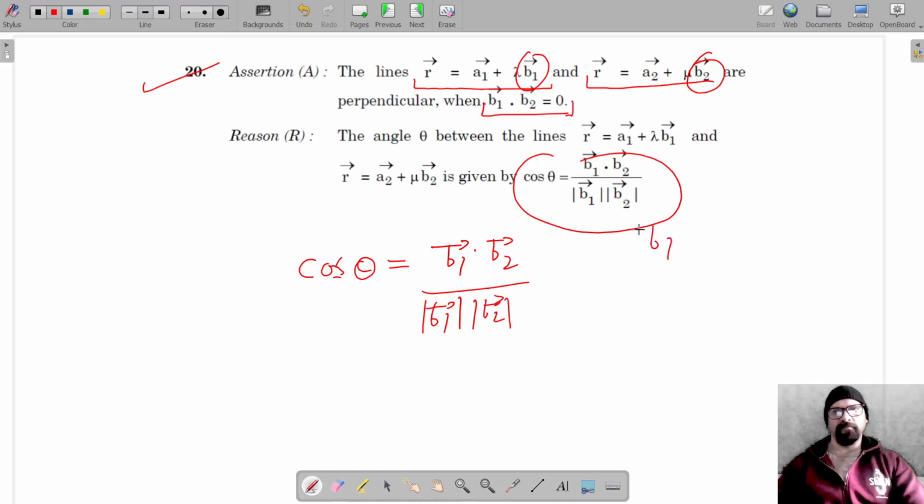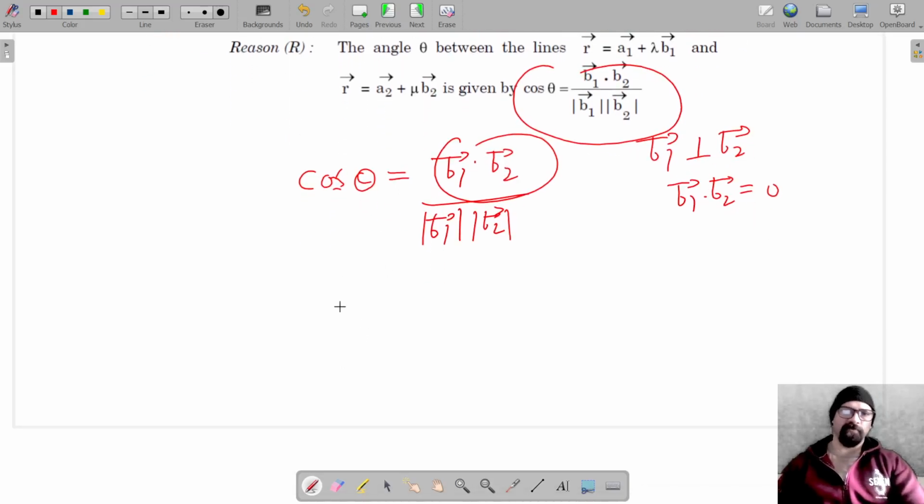Now let's say B1 is perpendicular to B2. That means these two lines are perpendicular, so their dot product is zero. So cos theta is equal to 0.